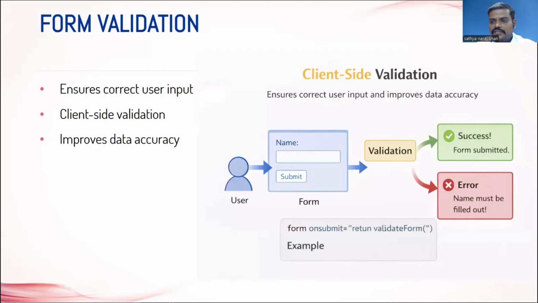If it is correct, it goes to a success message, otherwise an error message says it must be filled out. The user has to type into the form once again. This is the concept. Validation on the client side itself is possible in JavaScript. It improves data accuracy.